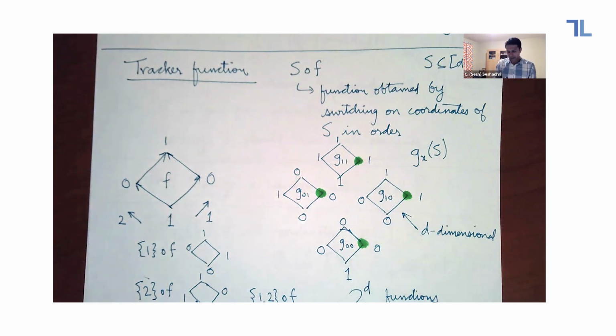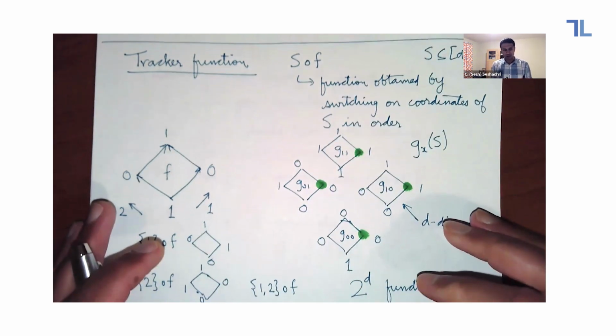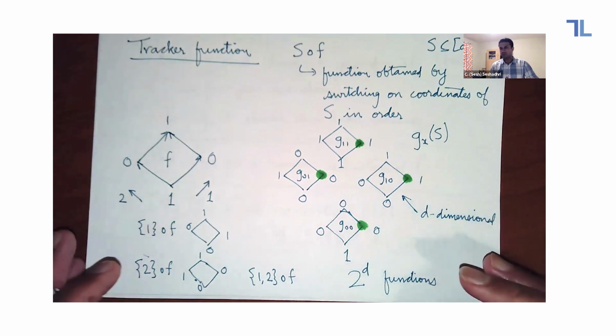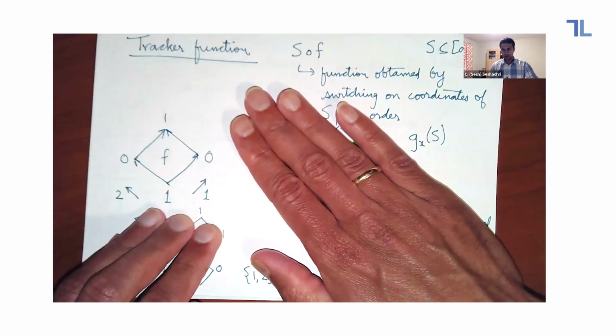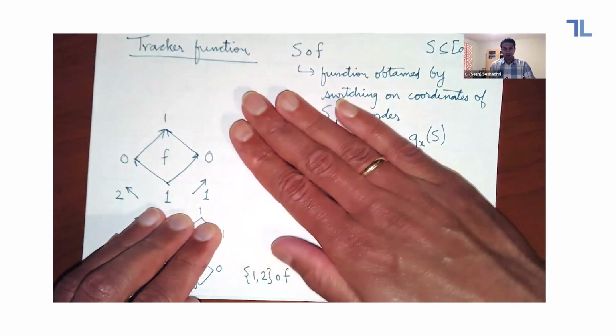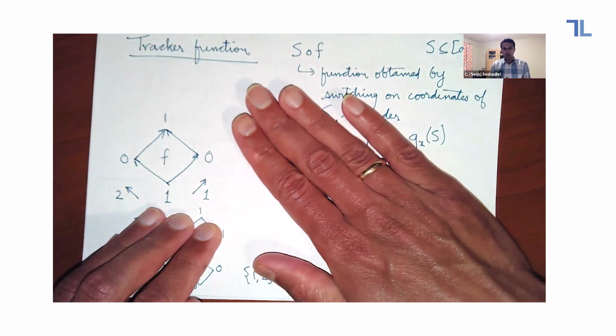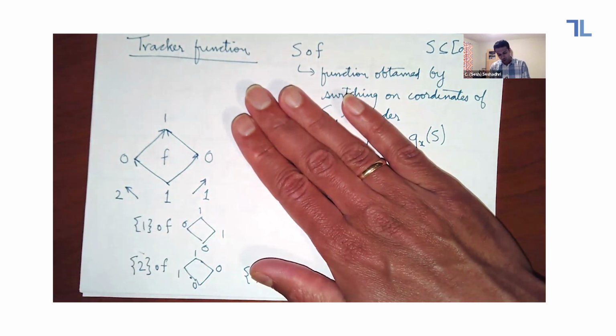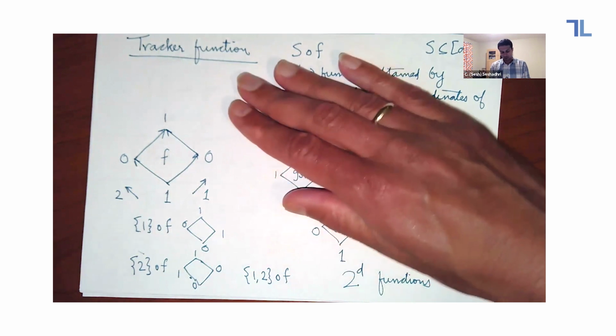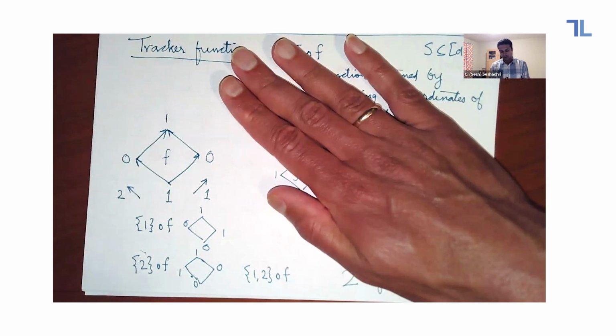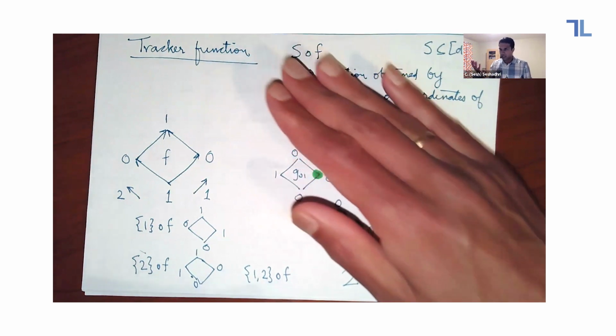So what is the tracker function? One way to think about it is, you start with some function on the hypercube. Now imagine constructing all possible switches of this function. So you switch this function in dimension 1, you switch it in dimension 2, and then you switch it in dimensions 1 and 2. Now, this came up last time.